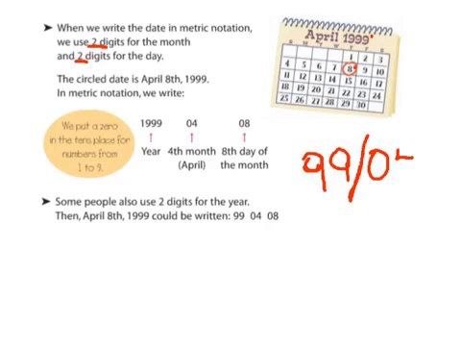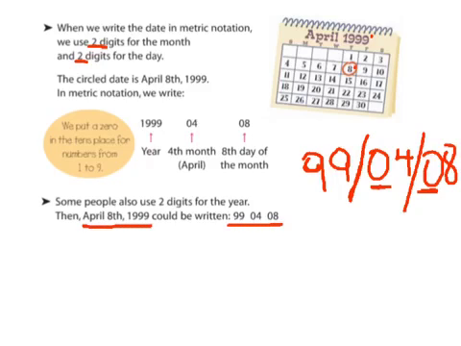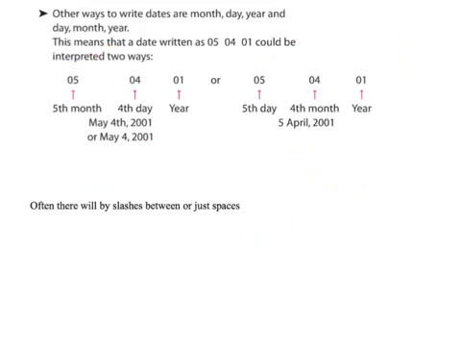Usually there is 2 digits, so that means if there is only a 1-digit month, we fill it in with a 0. And then last again is the 8th, and again we have a 2-digit day, so we fill it in with a 0. As you can see, April 8th, 1999 could be written like this. Sometimes it just has spaces, and sometimes it actually has the slashes in between.